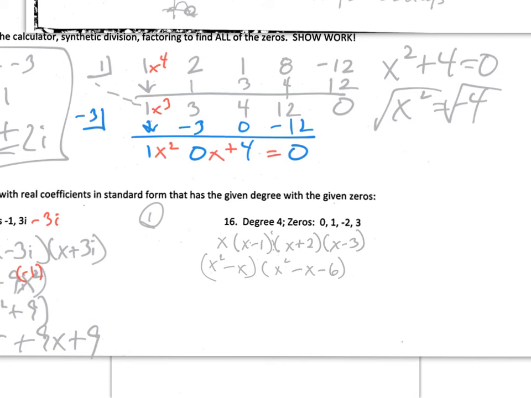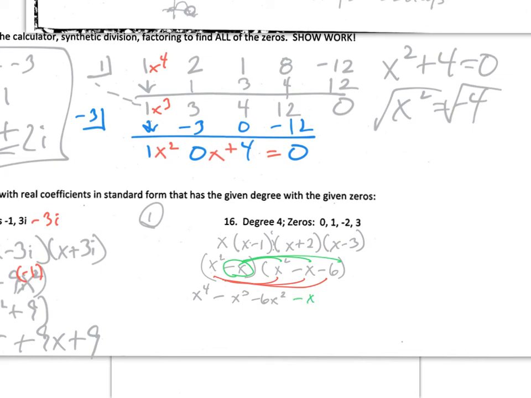I'm going to take this x squared times these 3, and then I'm going to take the -x times those same 3. So we get x to the 4th minus x to the 3rd minus 6x squared. I'm done with the x squared. Now I'm going to go with the -x.